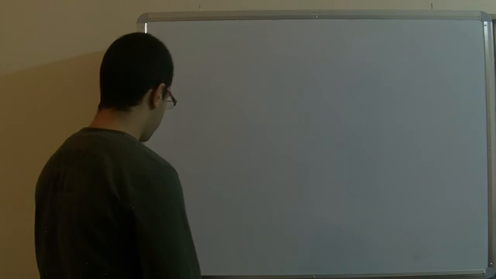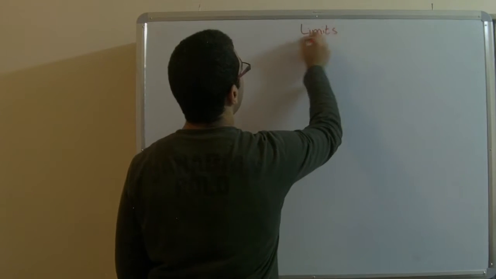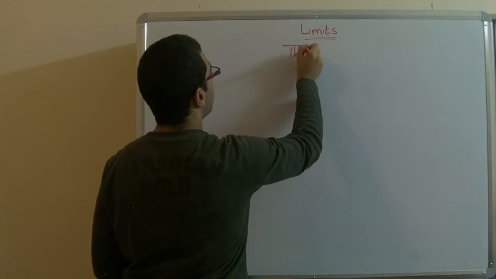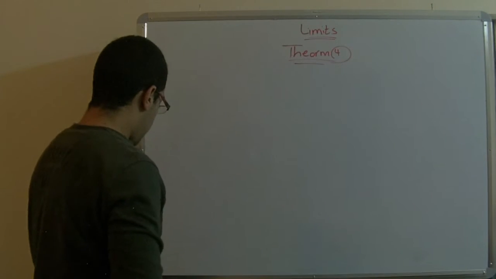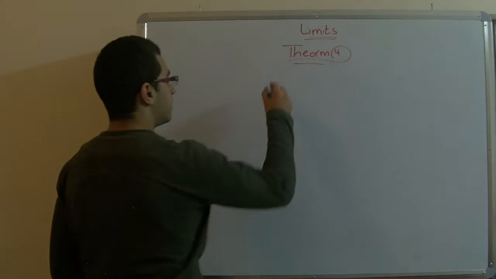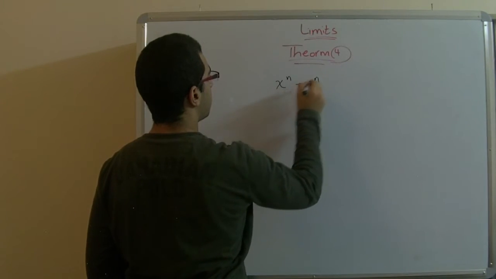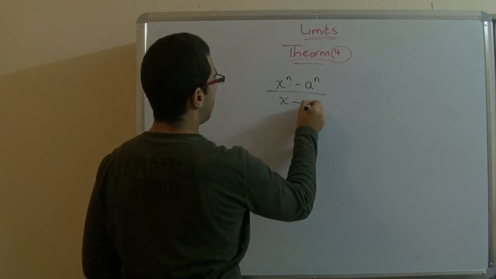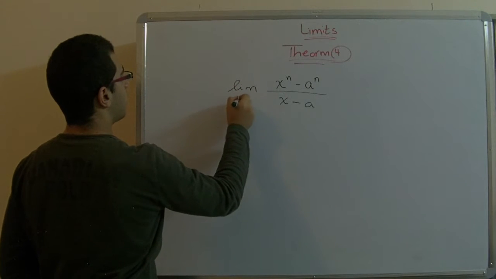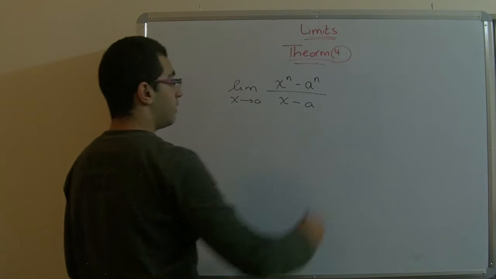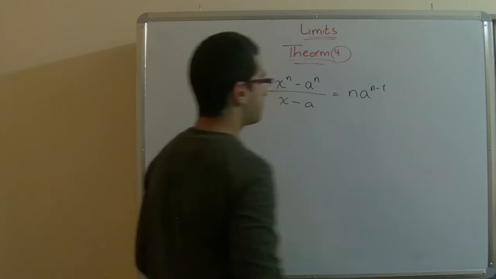Last time we talked about the law called theorem 4, which stated that if we have x to the power n minus a to the power n over x minus a, and we want the limit as x approaches a, then the answer is n a to the power n minus 1.